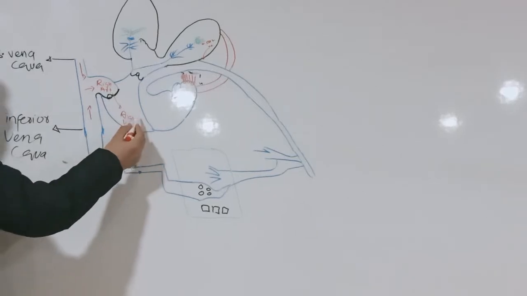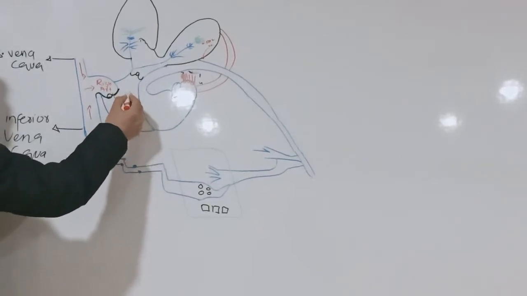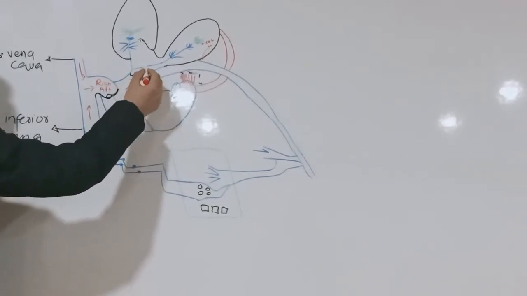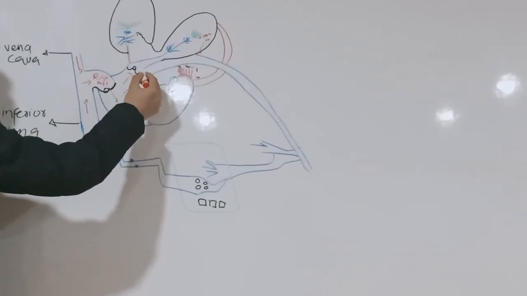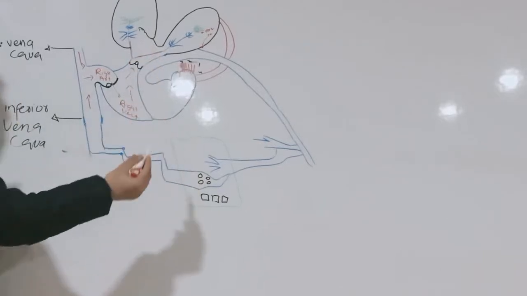From the right ventricle, now the blood goes to the pulmonary artery. This is the artery, and that one is the artery.